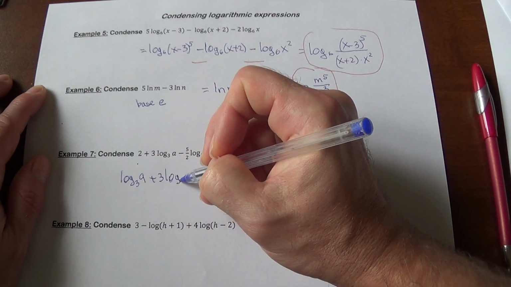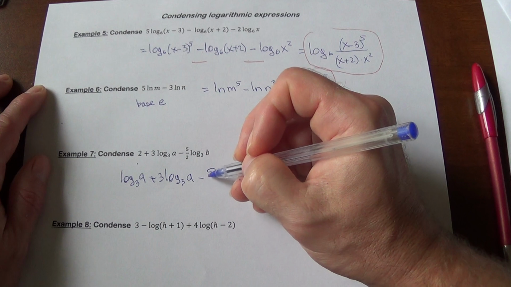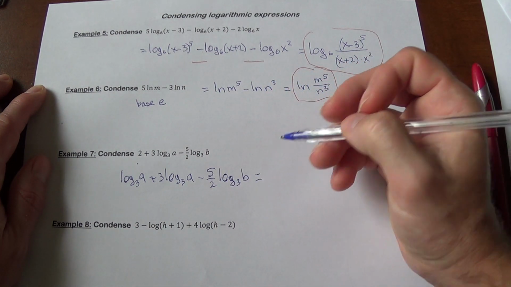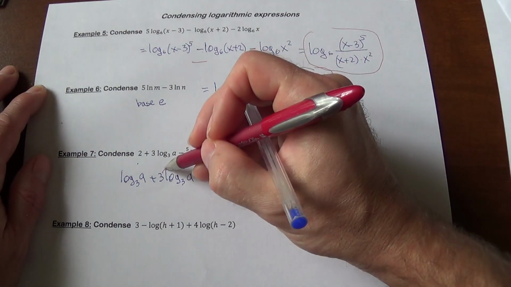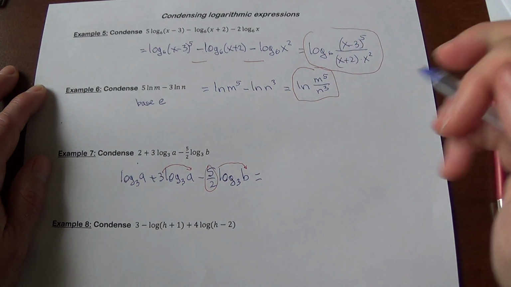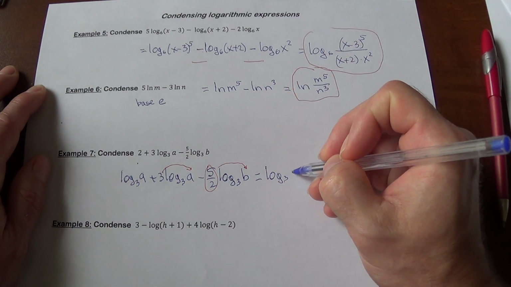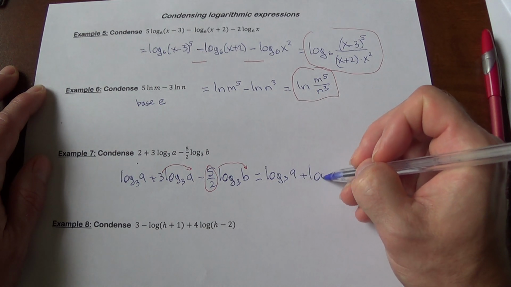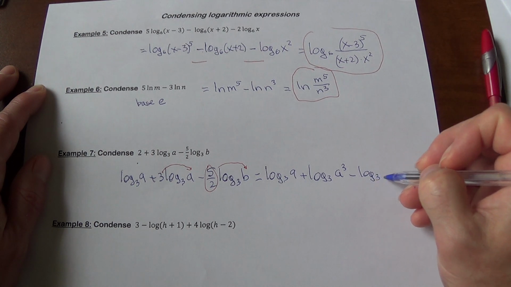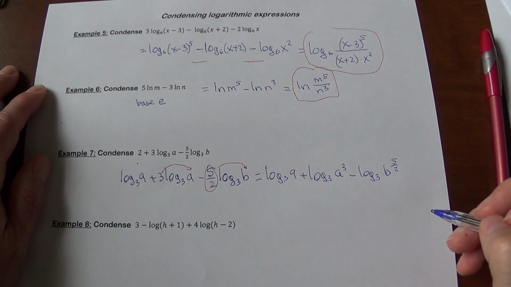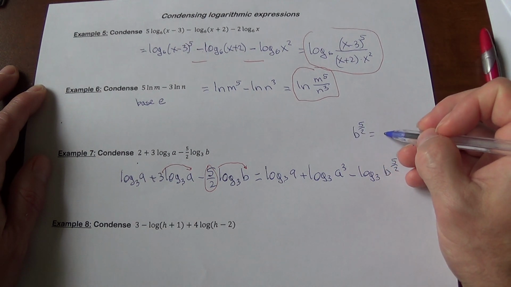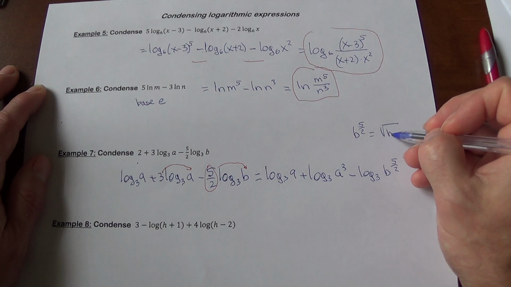Let me rewrite the whole thing first. Now I can go ahead and bring these numbers inside. We're getting log base 3 of 9 plus log base 3 of a cubed minus log base 3 of b to the power of 5 halves. The power of 5 halves is going to be written as the square root of b to the 5th.